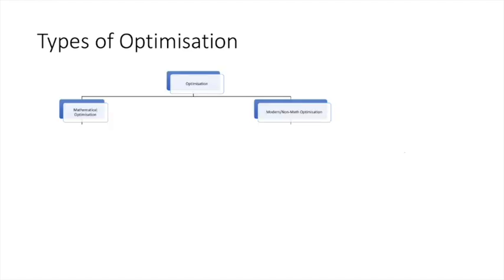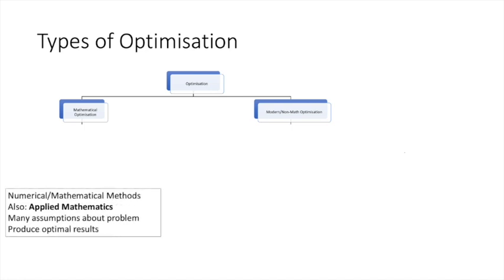So we call the traditional approaches mathematical approaches or mathematical optimization algorithms, as appear to the left of this tree. The mathematical methods are also called numerical methods, and they are taught as part of applied mathematics courses. These methods require certain assumptions, and if those assumptions are fulfilled, they work very well.